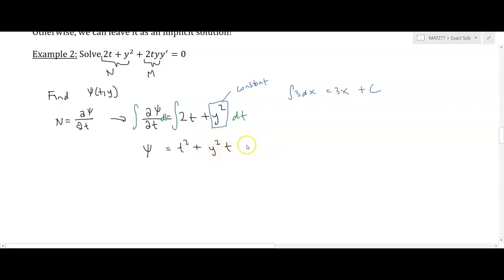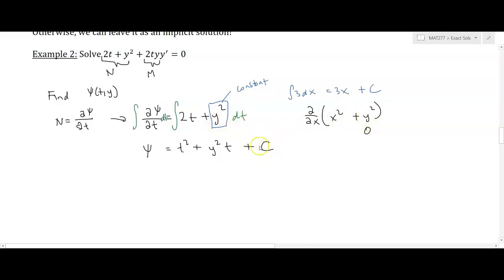Now, normally we would just say that there's some arbitrary constant here. But let's think about, with partial derivatives, what might have gone away when we took the derivative with respect to t. As an example, when I take the partial of x squared plus y squared with respect to x, holding y constant, the derivative of y is 0. So we're treating y squared as if it were a constant.